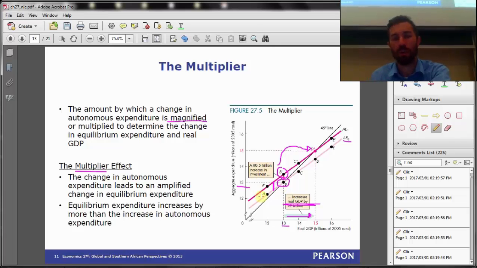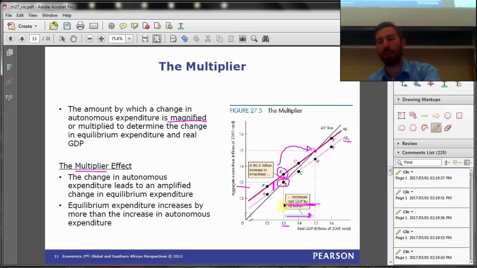So a small increase in autonomous expenditure leads to a large increase in output. This was one of the justifications for having government spending involved. A small increase in autonomous government spending leads to a large increase in output due to the multiplier effect.